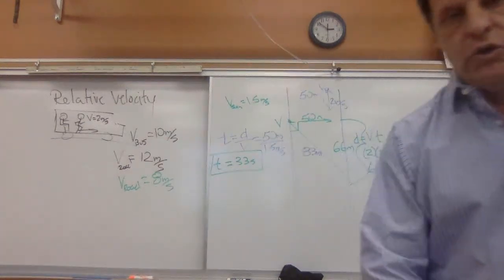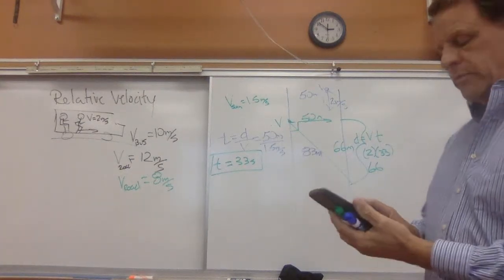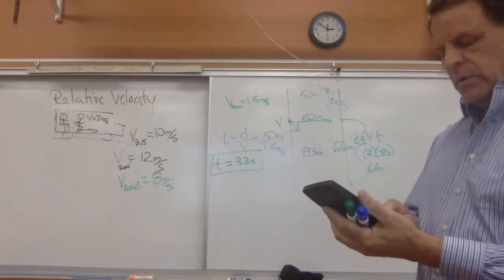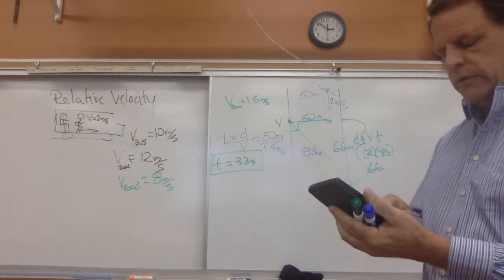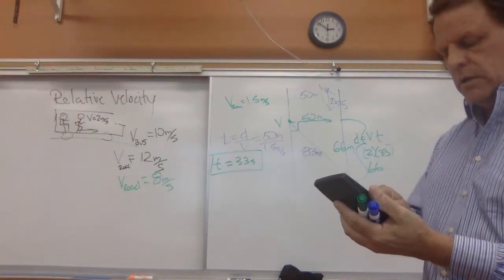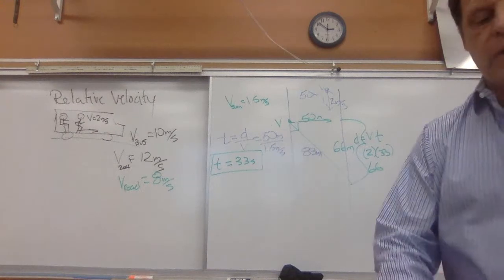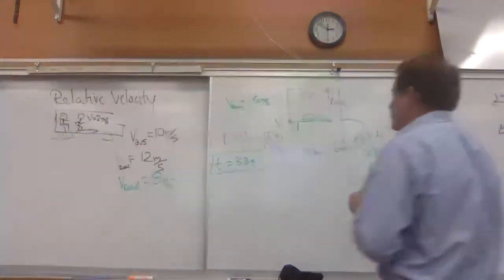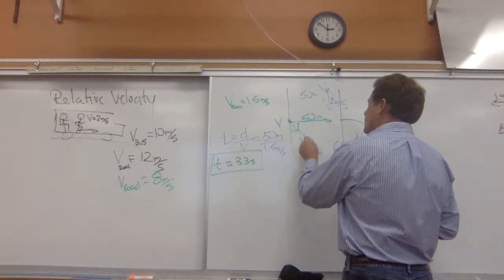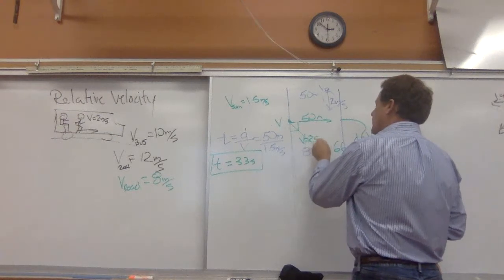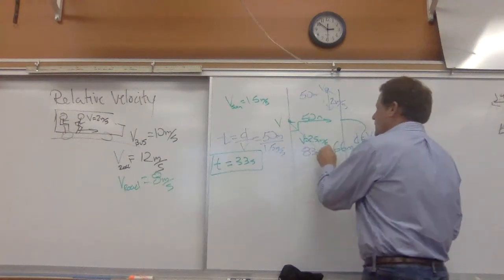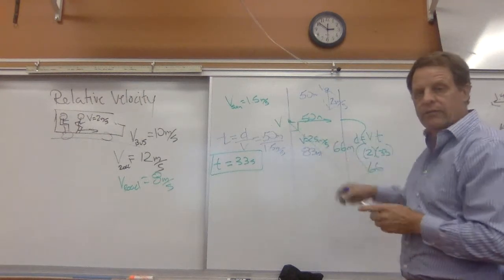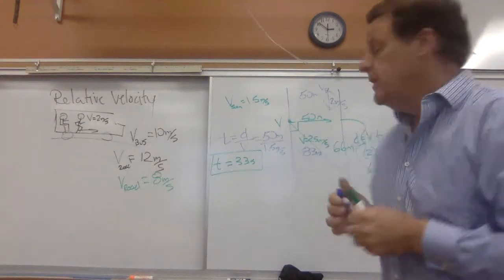And your velocity would have been the square root of 1.5 squared plus 2 squared, and you would have had a velocity of 2.5 meters per second. So 2.5 meters per second would have been your actual velocity when you added those two things.